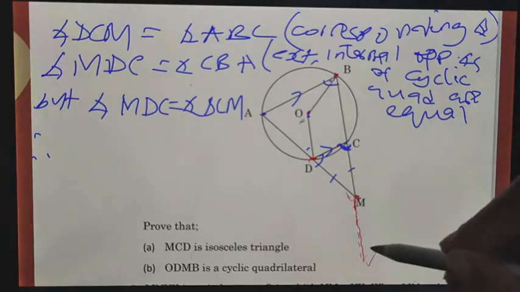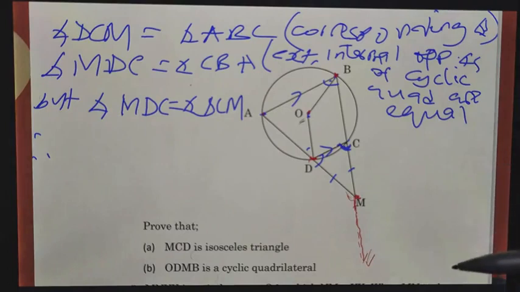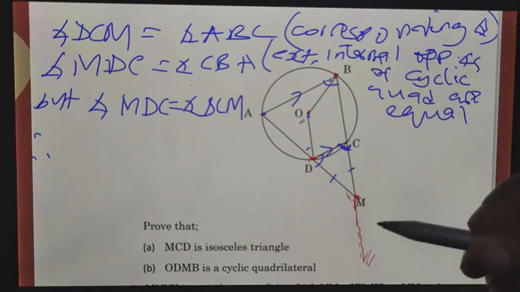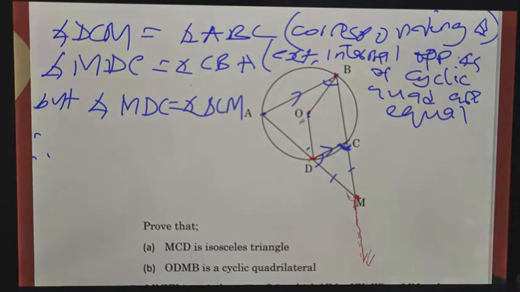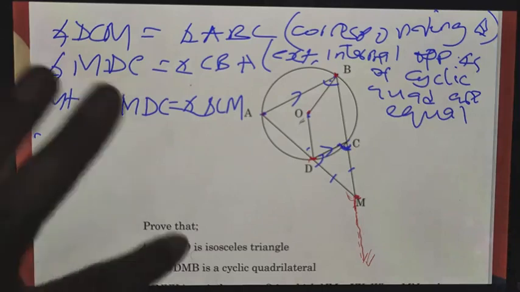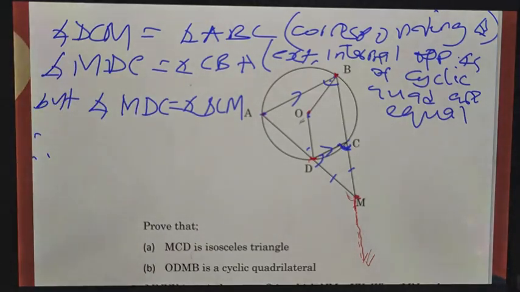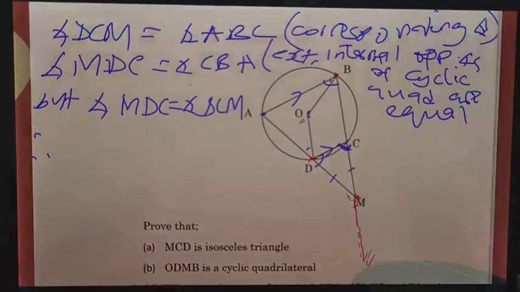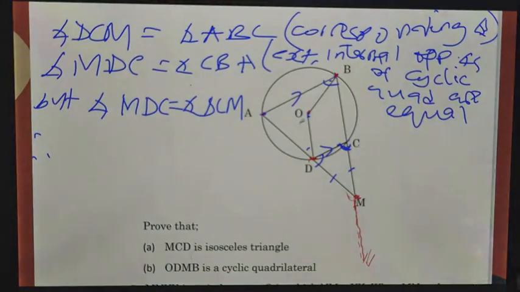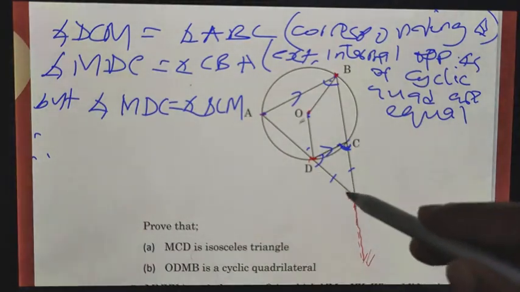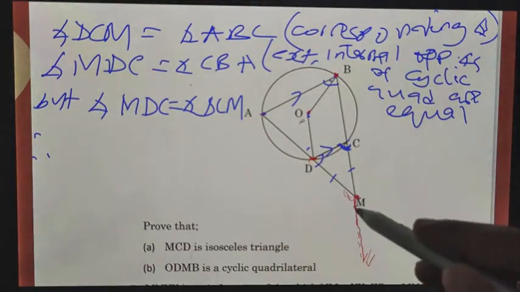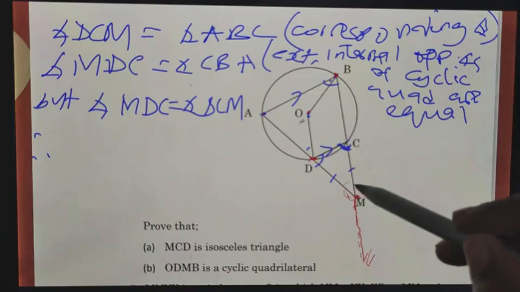Let's say this is E. If you extend that one, you will find out that that's B now. We are going to do it on the other page. Let's just go to the other page. So you will find out that DME, this angle, should be equal to interior.